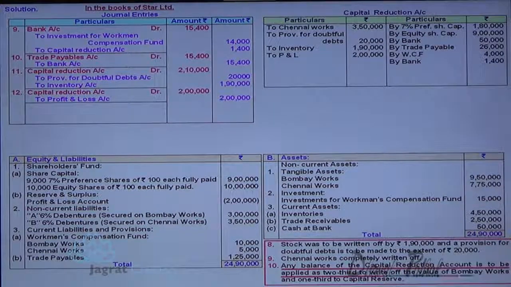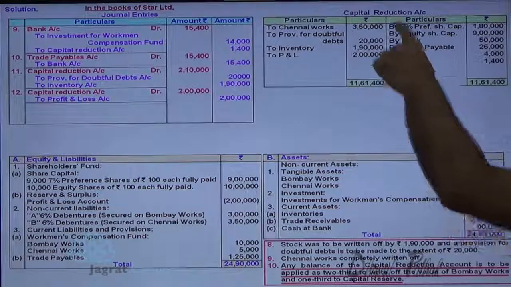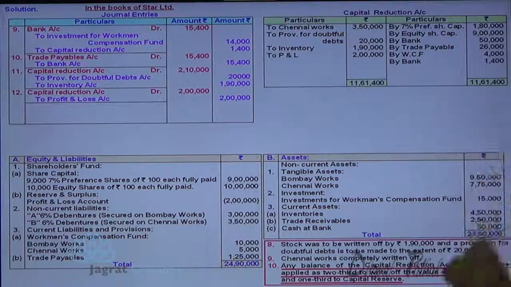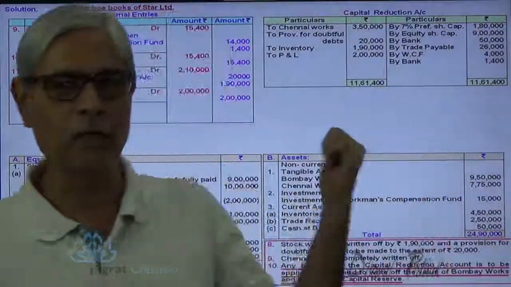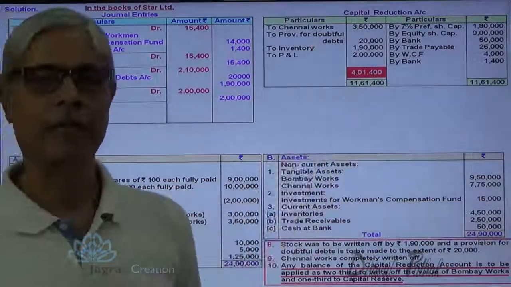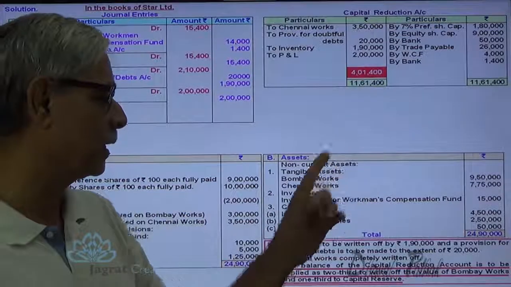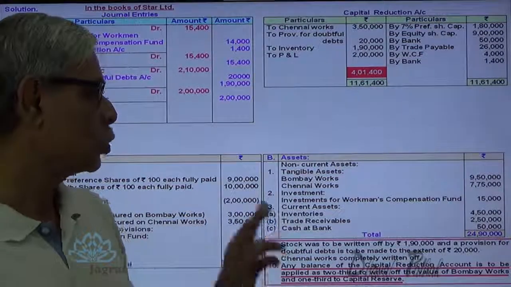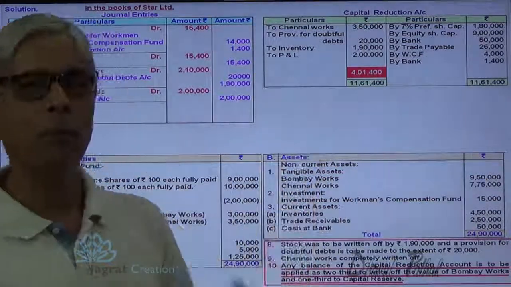So here, let me find out the balance in capital reduction account. So total of credit side 11,61,400 minus 3,50,000, 20,000, 1,90,000 and 2 lakhs. So here you can find out the balance in capital reduction account. So balance in capital reduction account is 4,01,400. Out of that, 2/3 should be applied to write off the amount of Bombay Works.